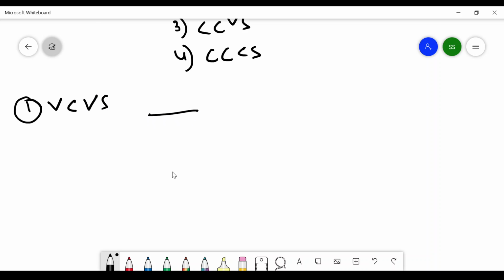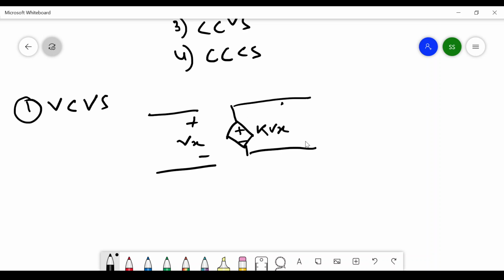So let's say this is a particular circuit, and the terminal has a voltage Vx. Now this particular voltage is controlling another voltage source, like this, K into Vx.